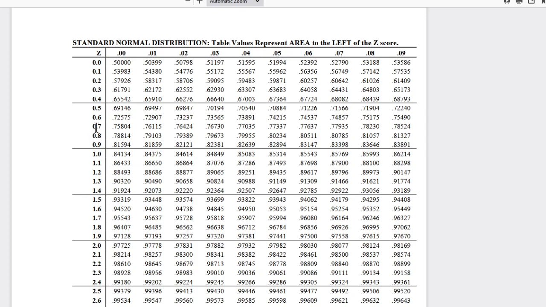So instead of going for 0.75 here, you look at these values and see which one gives you a value close to 0.75. And if you look at right here, 0.75175, you see that, right? So that's very close to 75%, but this is also very close to 75%, right? So these are both close to 75%. If it's much closer to one of them, then just choose one over the other.